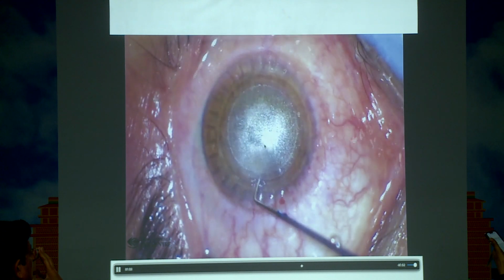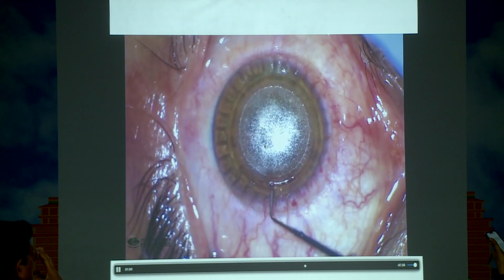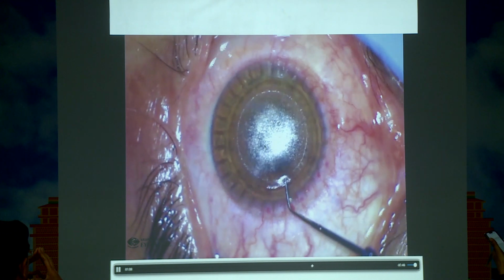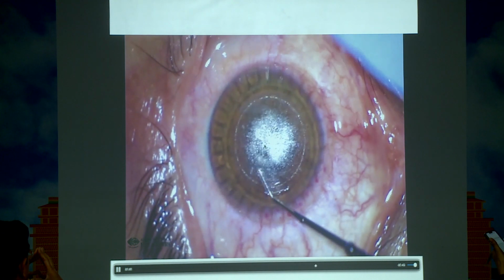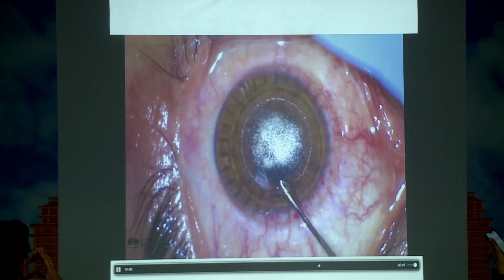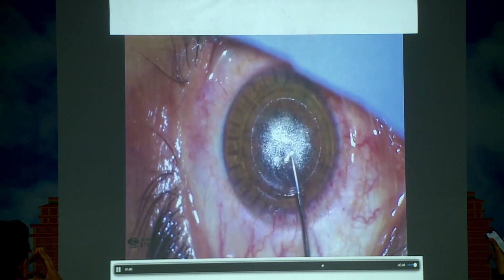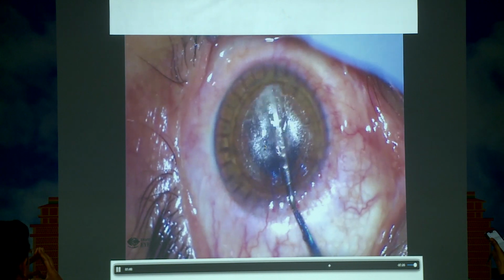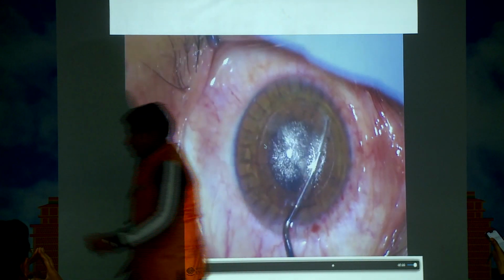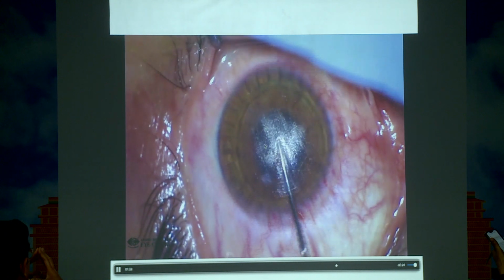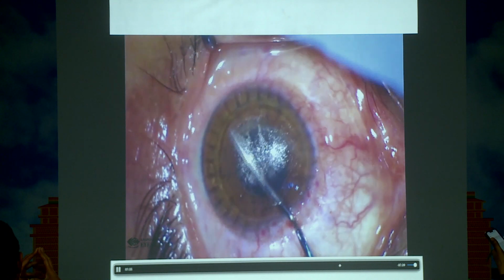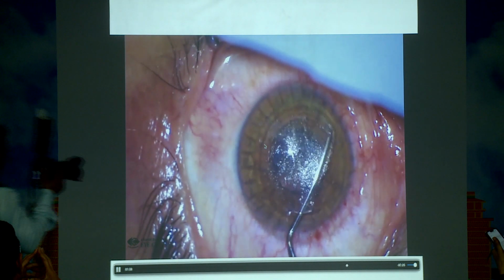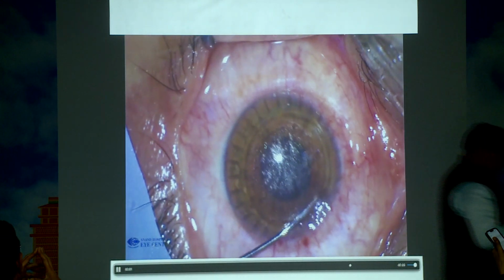Watch carefully with the recent 1.2 software upgrade. What we now have is 3 micron separation for the lenticule and 1.5 for the side cuts. Just watch carefully as I go in. It's almost free floating, a very smooth dissection on either side. I go left, leave a stump there, I go right here, and it's a very smooth dissection either way.